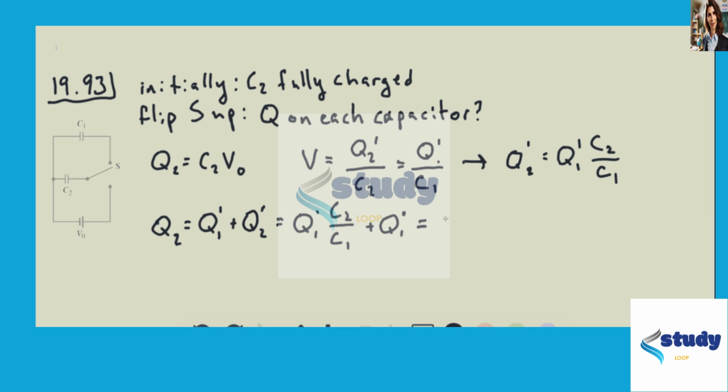And so then the total charge is going to be Q1 prime times C1 plus C2 divided by C1. So now we have this in terms of the charge on capacitor 1 and the capacitances, which we know is equal to the initial charge on capacitor 2, and we know that that's equal to C2 times V0.